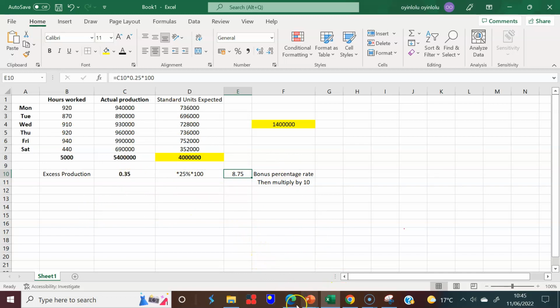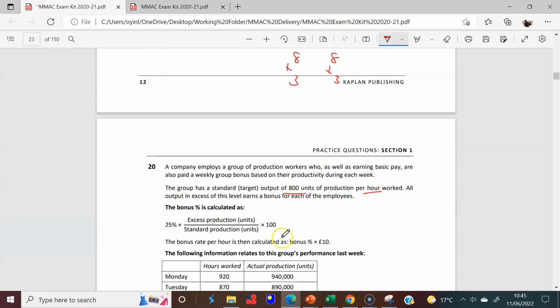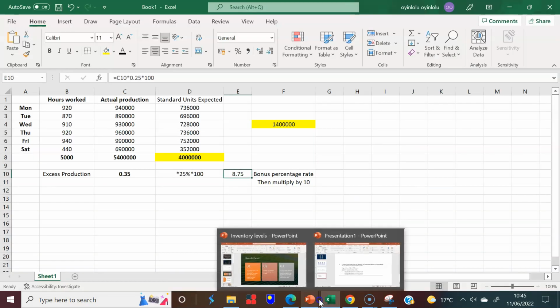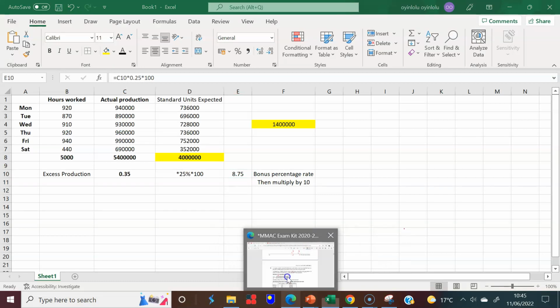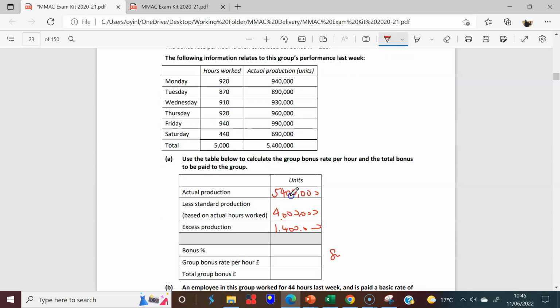You have to use the formula. You can see it's given to you here. It says that's the bonus percentage. Just take 25% times that excess of 1.4 over 4 times 100, and you will arrive at that figure of 8.75%.